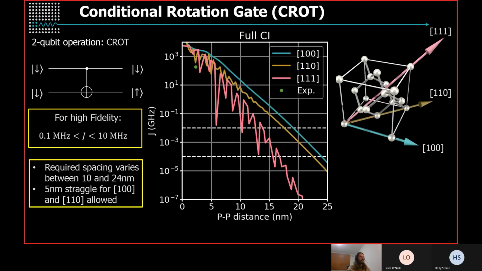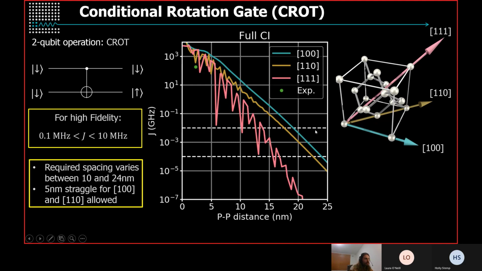So now let's see how we can use these results to design the position of our donors for conditional rotation 2-qubit operations. So for high fidelity, we wanted to have an exchange value between 0.1 megahertz and 10 megahertz.